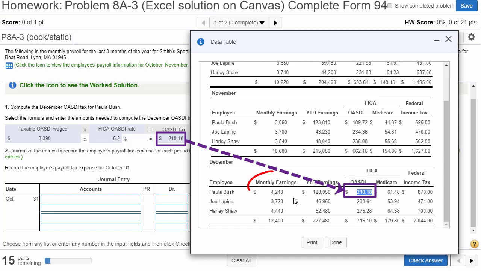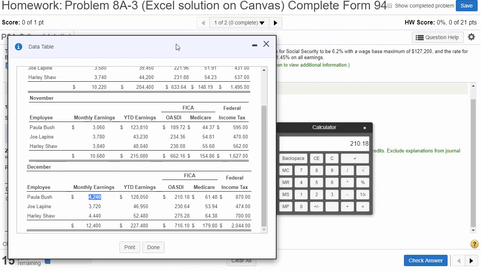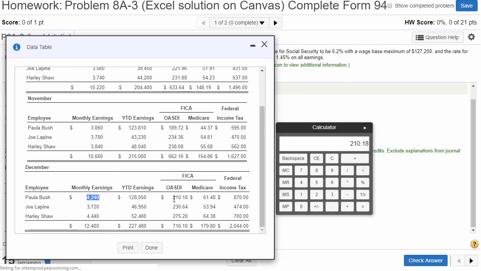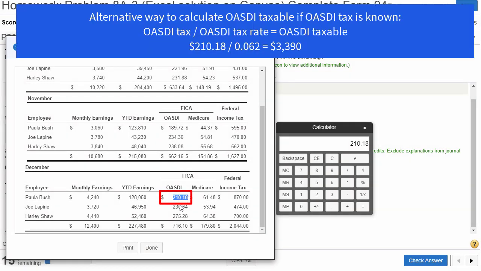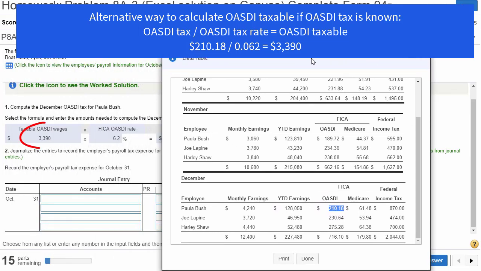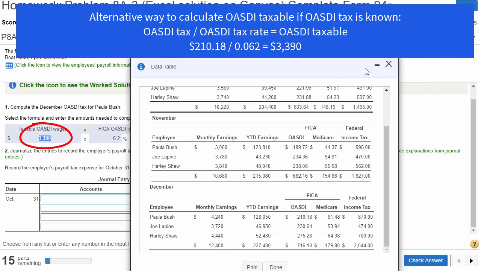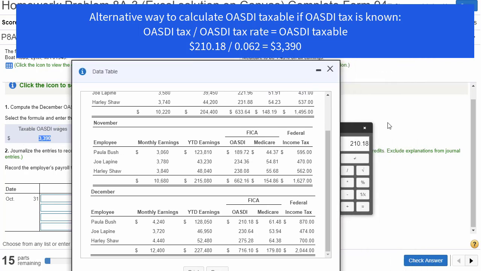But what we're really trying to figure out is how much of this 4240 was taxable. Now there is another way to back into that. What you can do is take the OASDI tax divided by the tax rate, which should give you the amount that is taxable, which was 3,390. So let's see if that works. Where's my calculator?